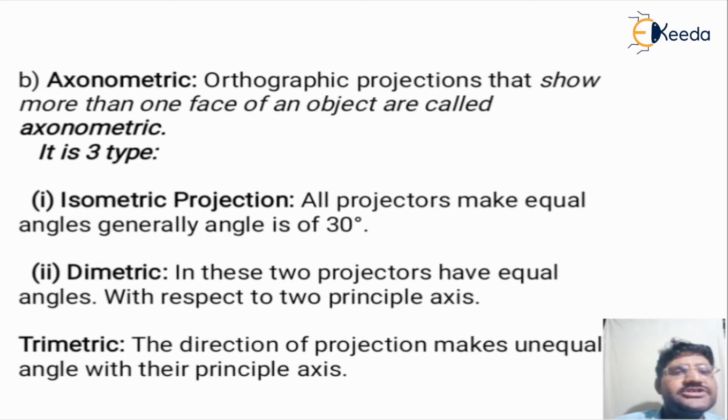In isometric projection, all projectors or projection lines make an equal angle, generally 30 degrees. In dimetric projection, two projectors or projection lines have an equal angle with respect to two principal axes. In trimetric, the direction of projection makes equal angles with their principal axes.